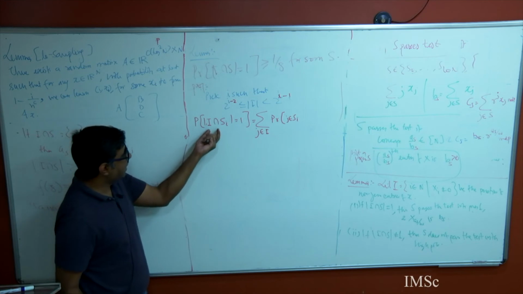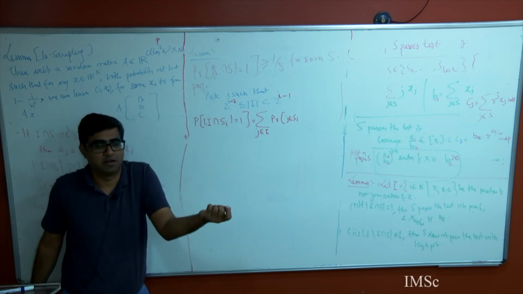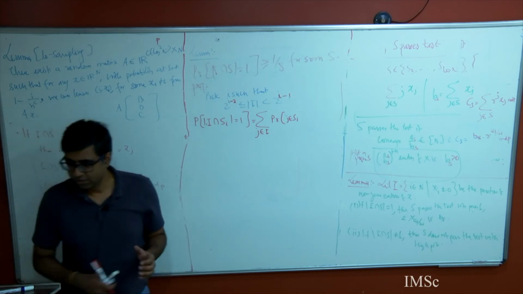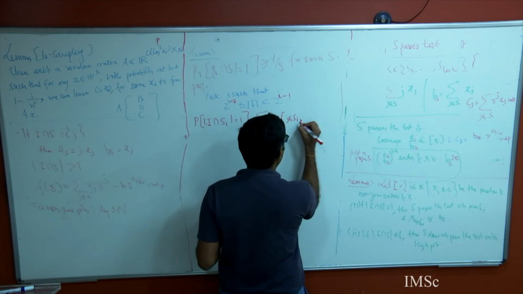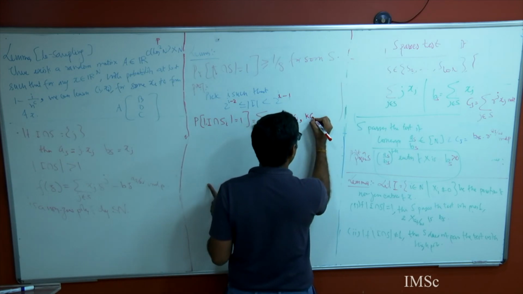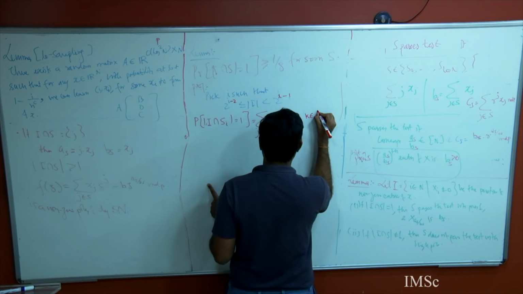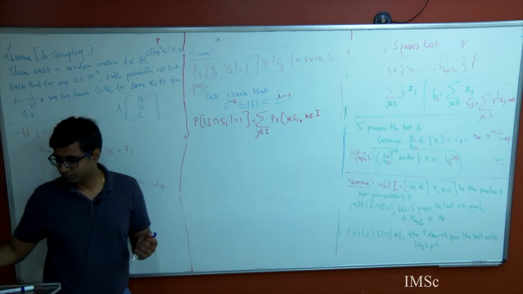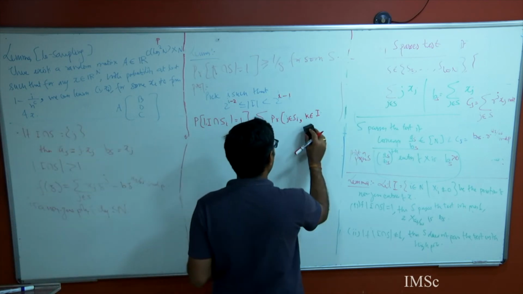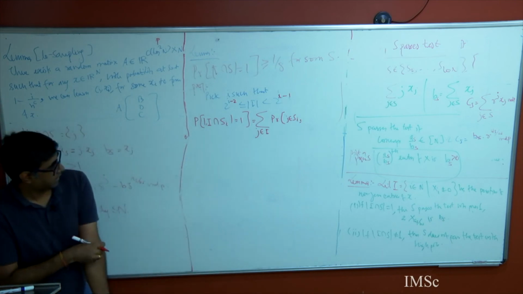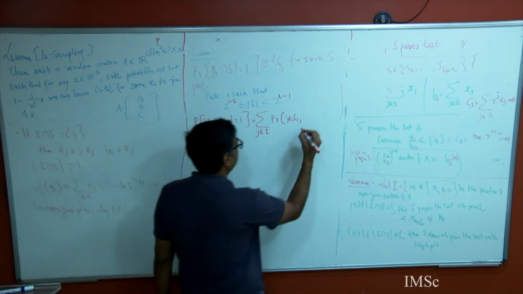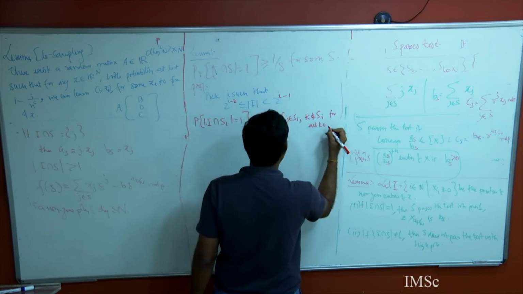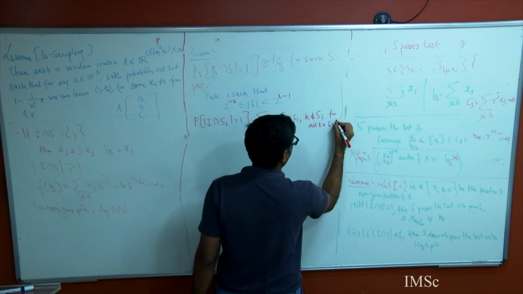So I want I intersection Si to be 1. So it could be any one of the indices, right? So this guy exists, others do not exist, right? So probability that j is in Si and k is not in Si for all k in I minus j.